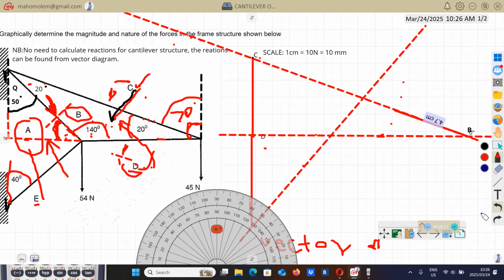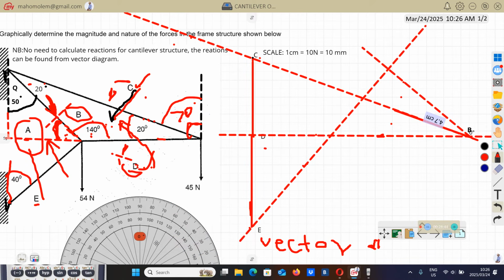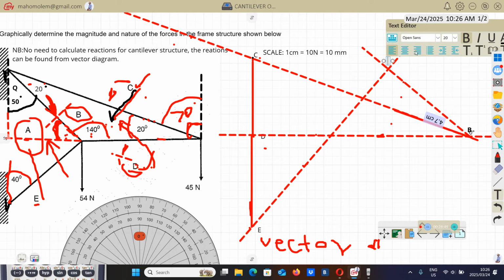Then you remove your protractor and draw a line from here like that. Where these two lines meet will be A. So this point is going to be A. How did we find this A?